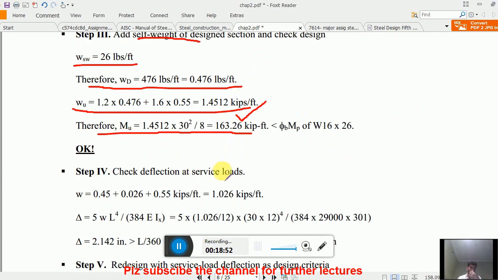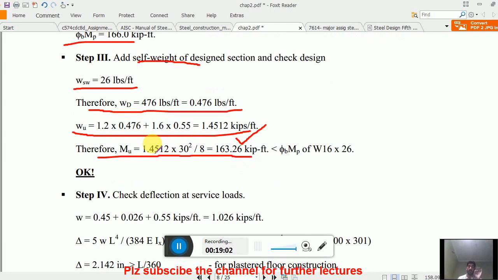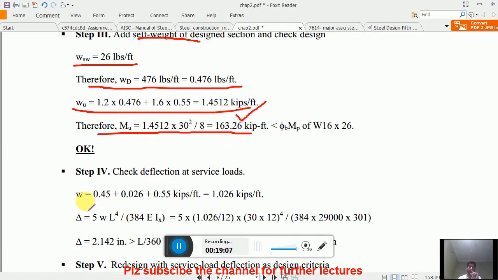Now the section is perfect for moment capacity. Now the question is whether it will pass the test of deflection. For that purpose, they calculate the service loads. These are the total deflection at service loads.